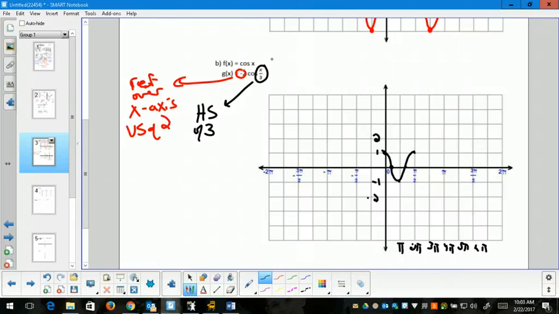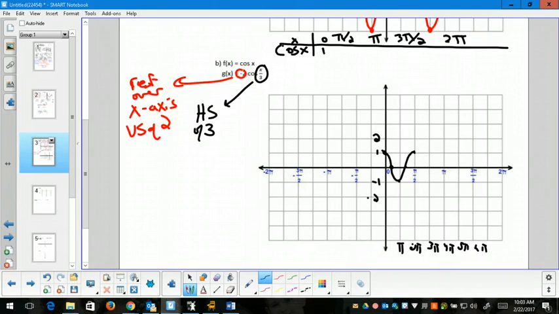I'm actually going to write this table up here. So we had 0, pi over 2, pi, 3 pi over 2, 2 pi. Cosine of x was 1, 0, -1, 0, 1. But now, I have to multiply the x's by 3.